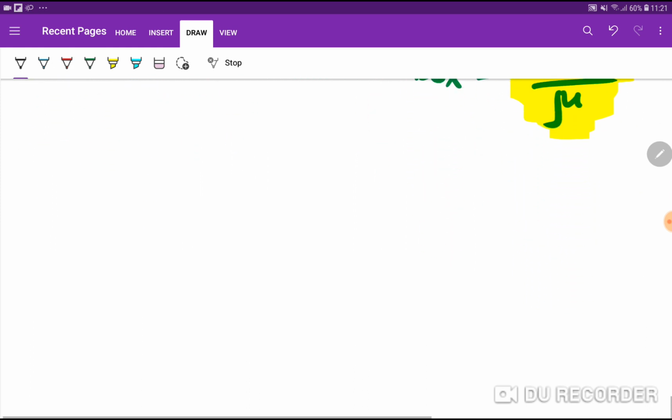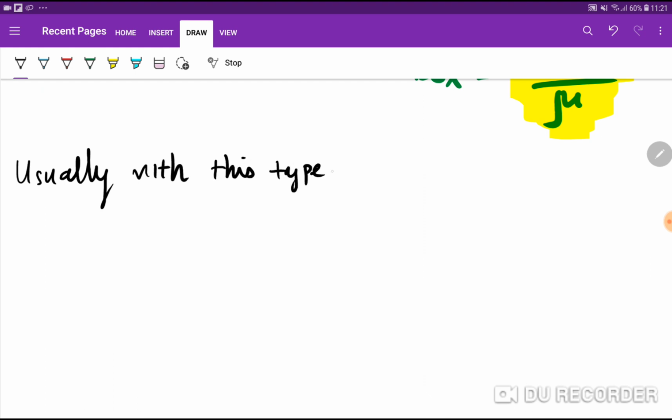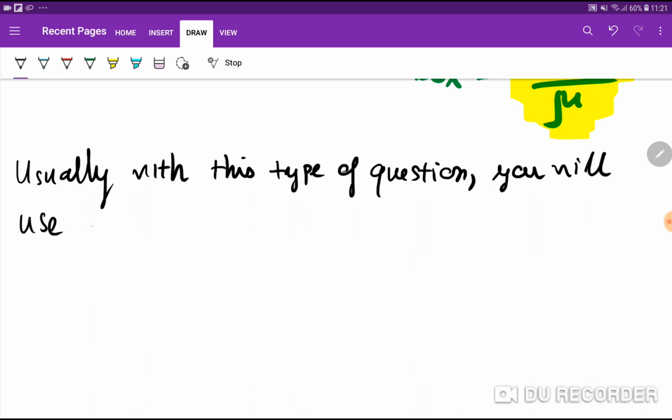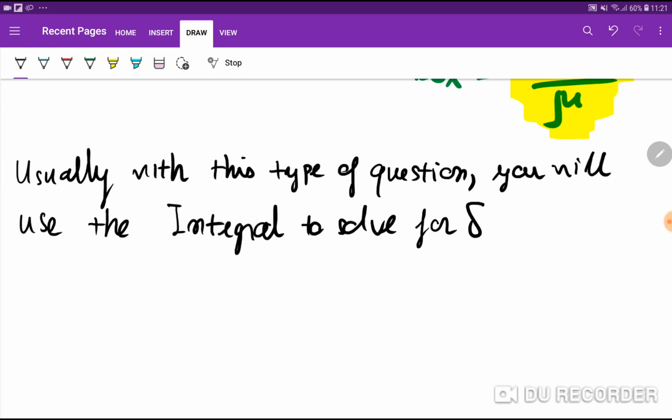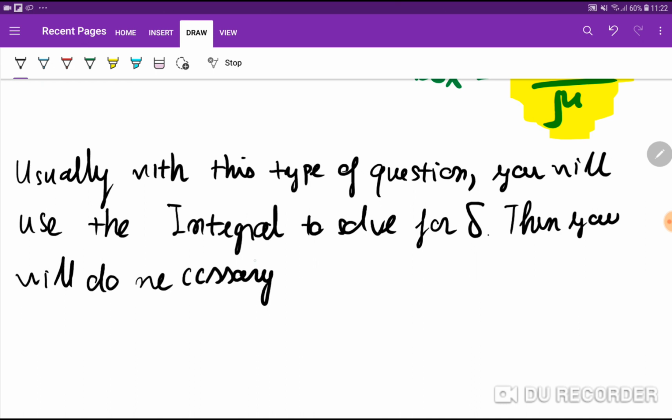Let me write some notes here. Usually with this type of question, you will use the integral to solve for delta, then you will do the necessary manipulation.